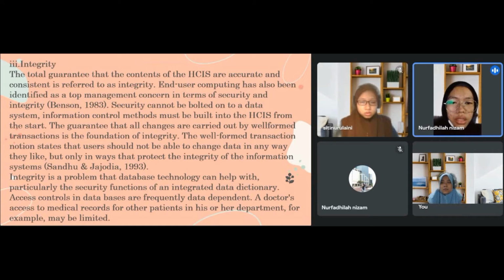Integrity is a problem that database technology can help with, particularly the security function of an integrated data dictionary. Access control in databases is frequently data dependent. A doctor's access to medical records for other patients in his or her department, for example, may be limited.